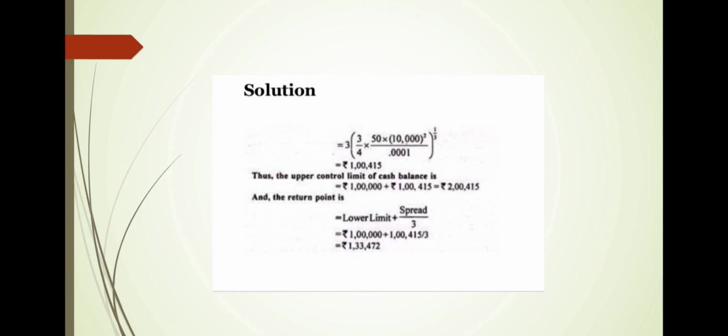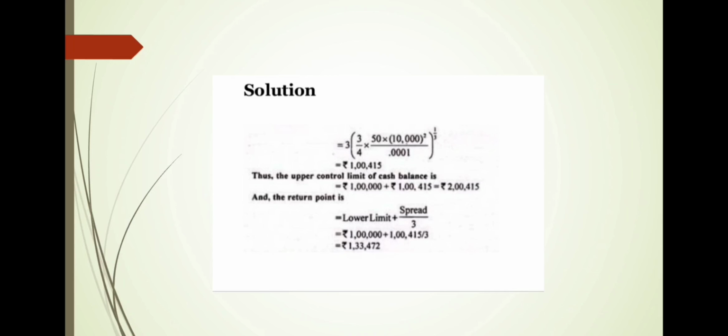Thus the spread after calculation will come to rupees 1,04,15. Thus the upper control limit of cash balance is rupees 1 lakh plus rupees 1,04,15, and the total amount comes to rupees 2,04,15.